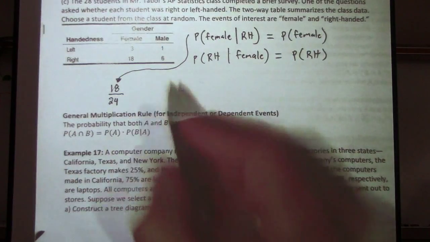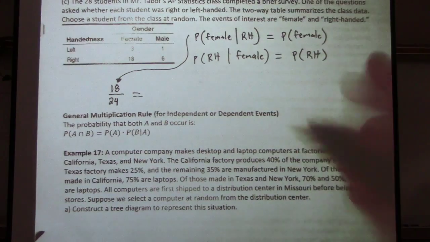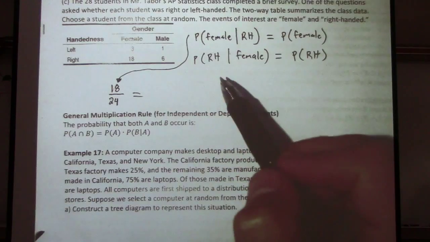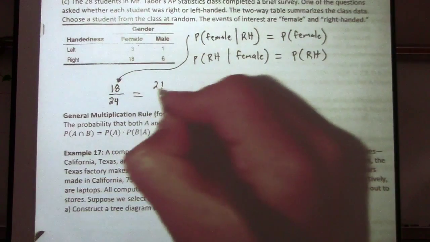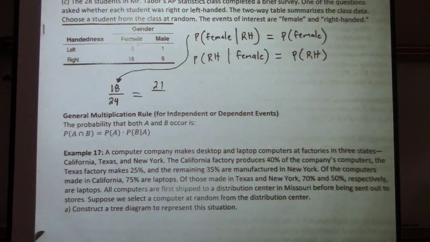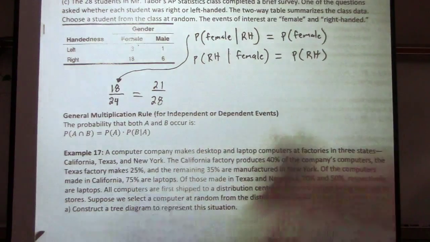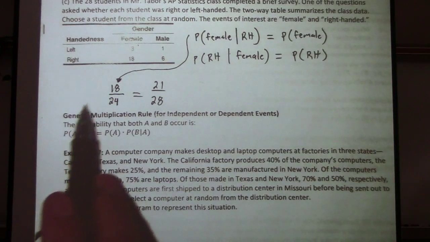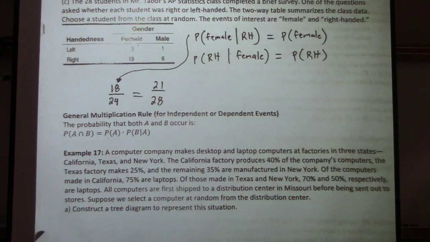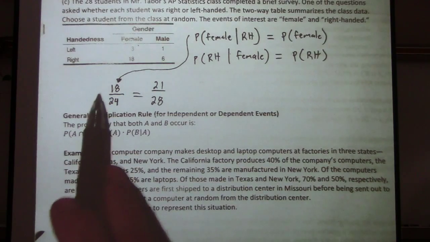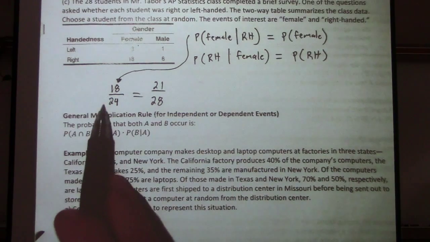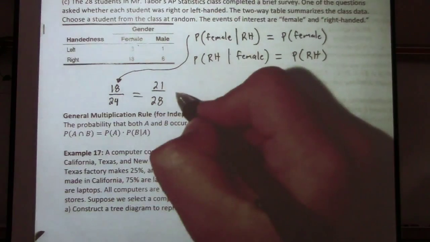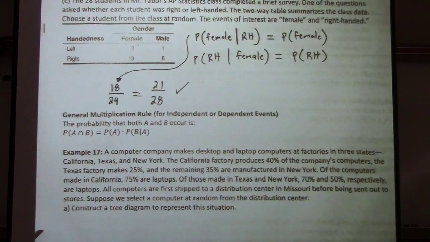So does 18 over 24 equal the probability of being female, which is 21 females out of 28 students? Do those equal each other? So this would be 3 out of 4, and this would also, hey, that one worked.